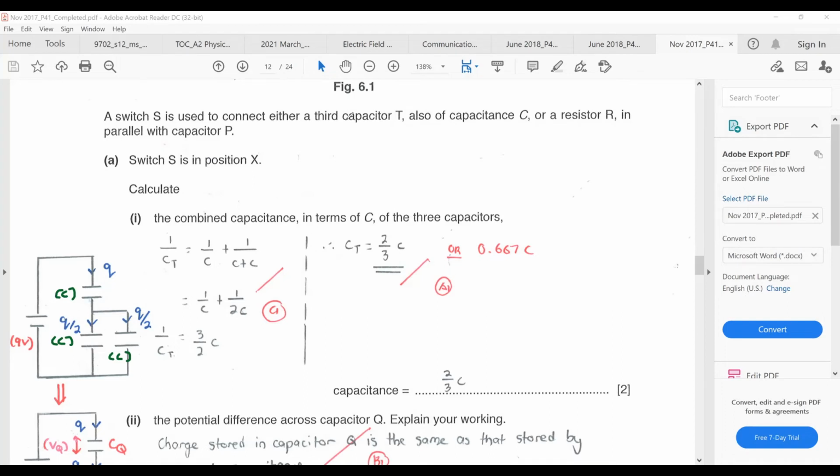Now when you want to simplify it, you try to solve the part that is in parallel first. If this one is connected in parallel, when you want to add it up, you treat it like you would resistors in series. So the capacitance for the parallel portion is just C plus C.